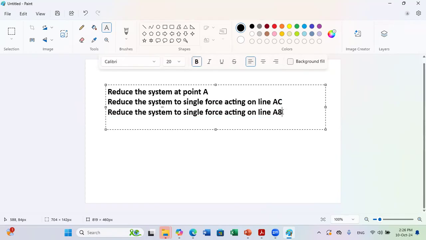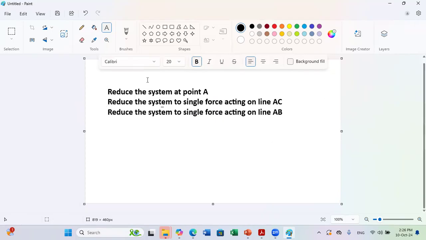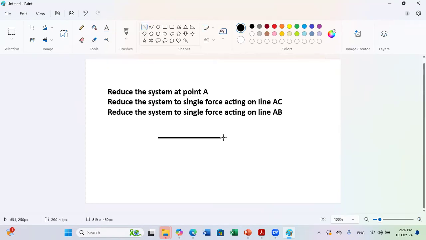I will illustrate this in a figure again. This is my structure. I'm sorry for this. Do you hear me again?